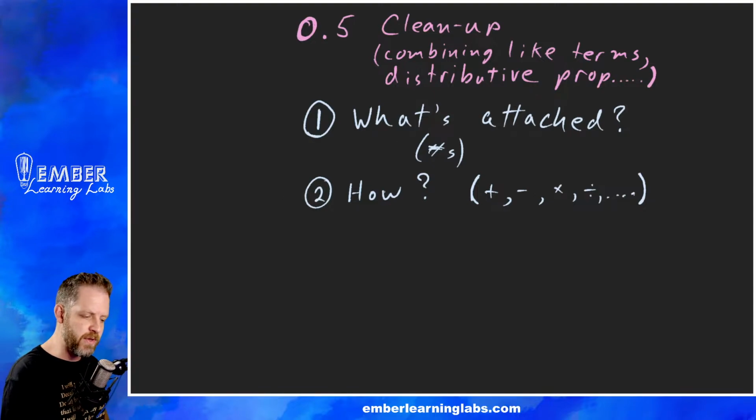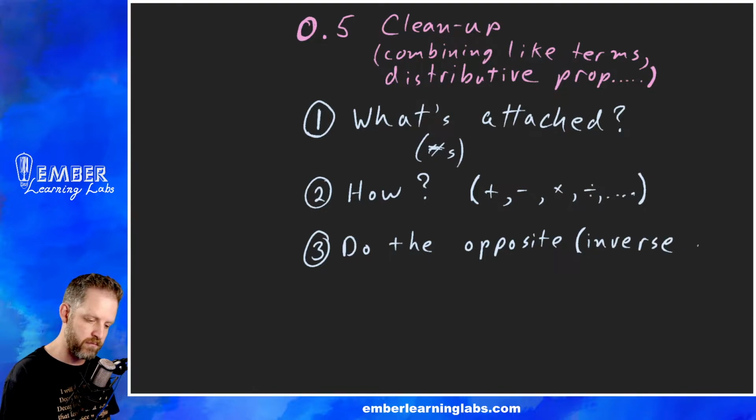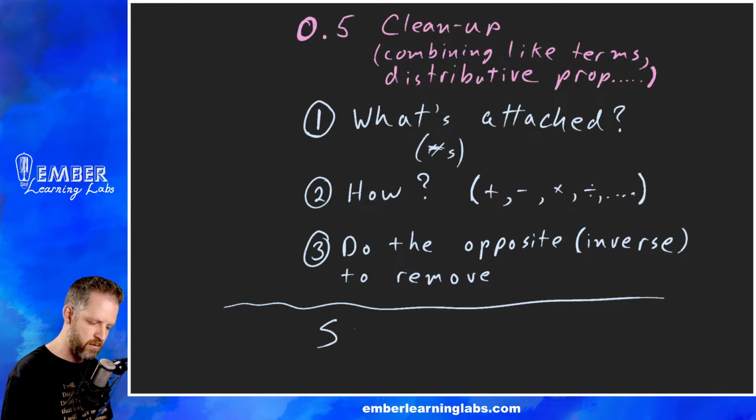And then once we've determined those two things, then the third thing we do is we do the opposite to get rid of it. Do the opposite to remove it. And by opposite, what we really mean is inverse. And we stop when the variable's by itself.